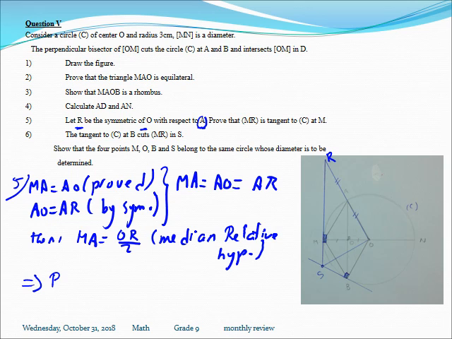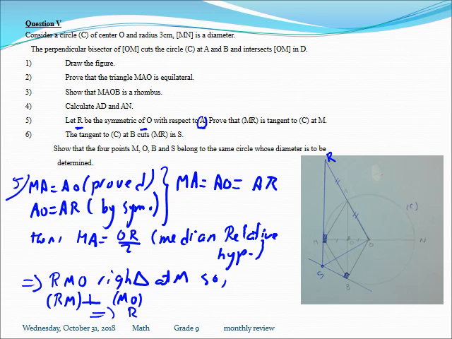So RMO is a right triangle at M. So RM is perpendicular to MO. That means RM is tangent to C.